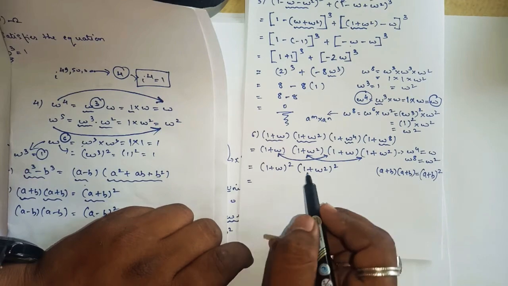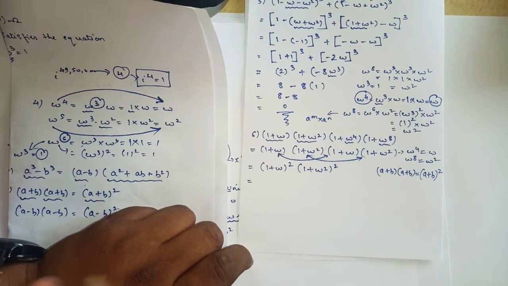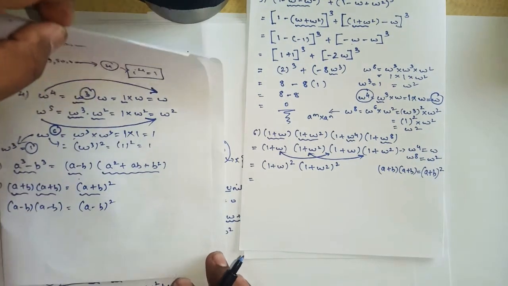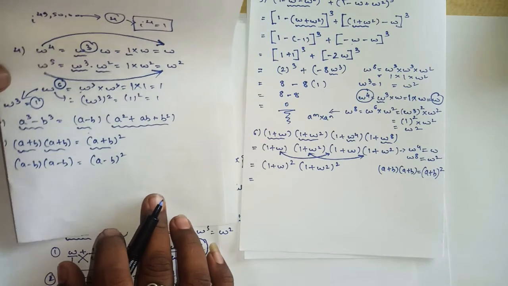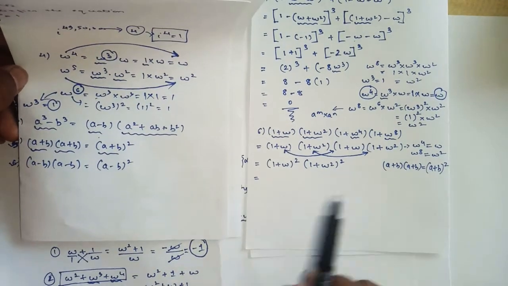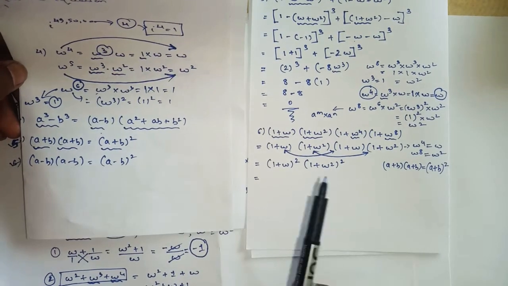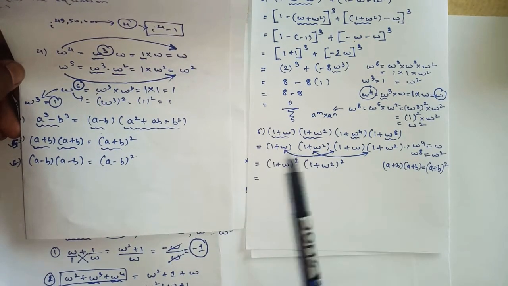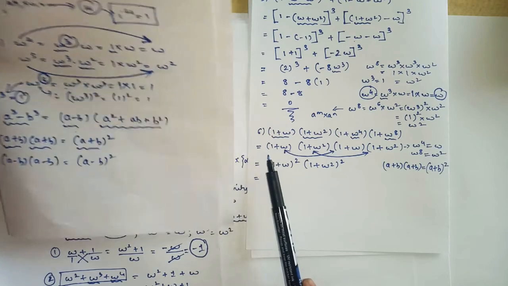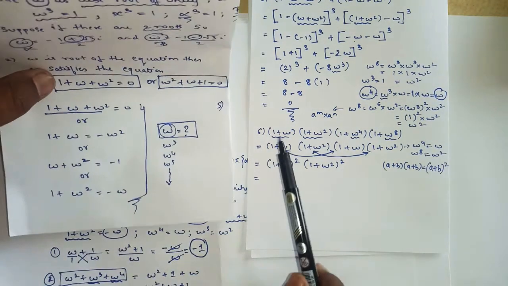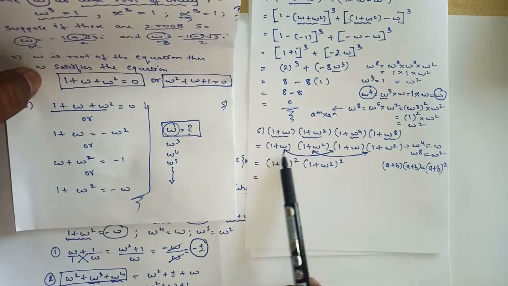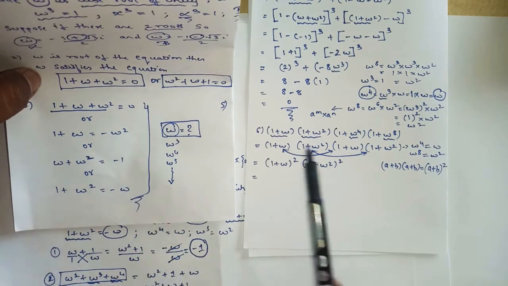I hope you all understood till here. Now, in the first method you open the bracket and you will get the answer. The second method is quite simple. As clearly we can see that 1 plus w, here we have minus w square.